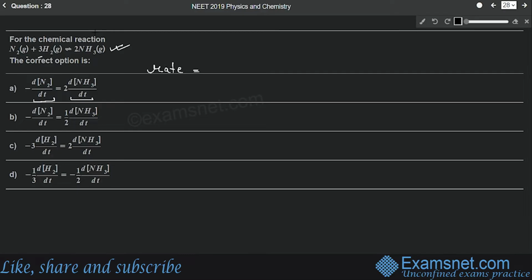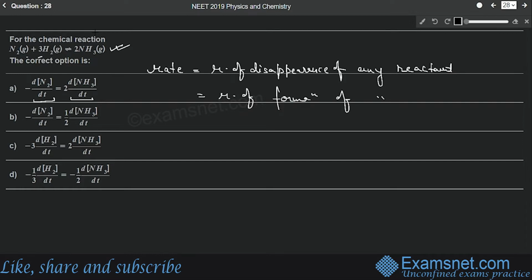So rate is equal to rate of disappearance of any reactant, or it can also be equal to the rate of formation of any of the products.